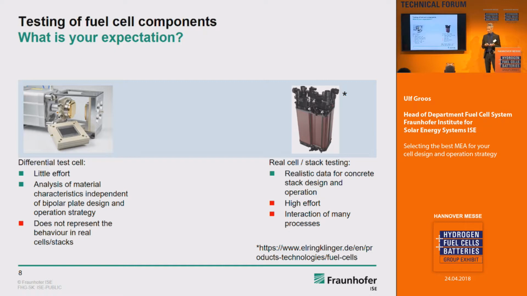So it's a high effort at the end. And of course, as you have all of these cells and larger areas, you have an interaction of many processes, and the interaction of the MEA, of the material together with the bipolar plate, with the cooling, with the operation strategy is really complex. So evaluation and analysis of the results is quite difficult.